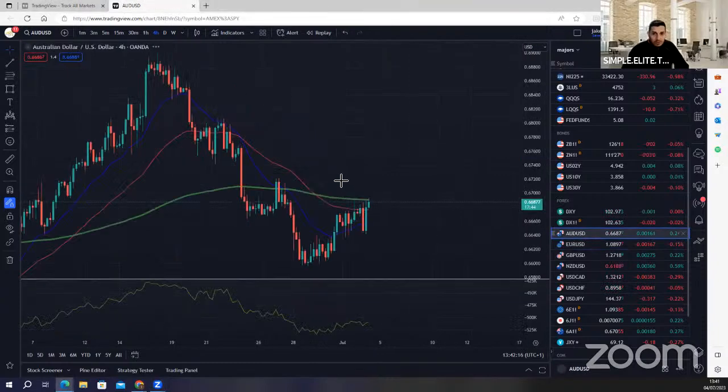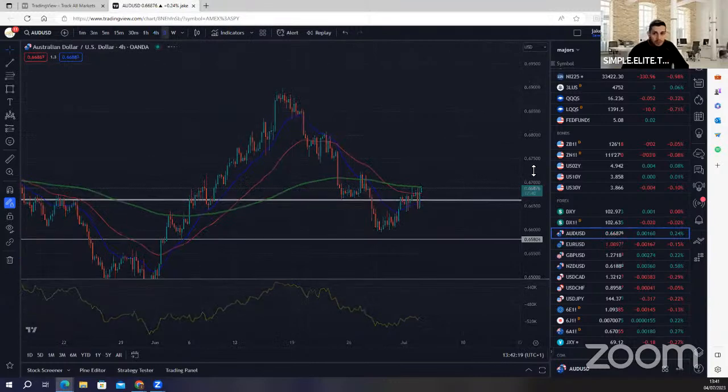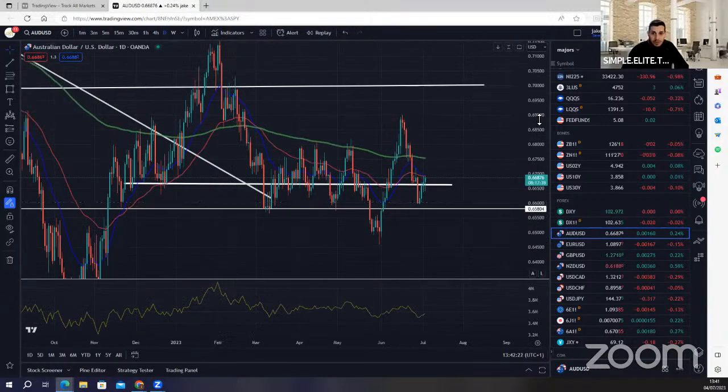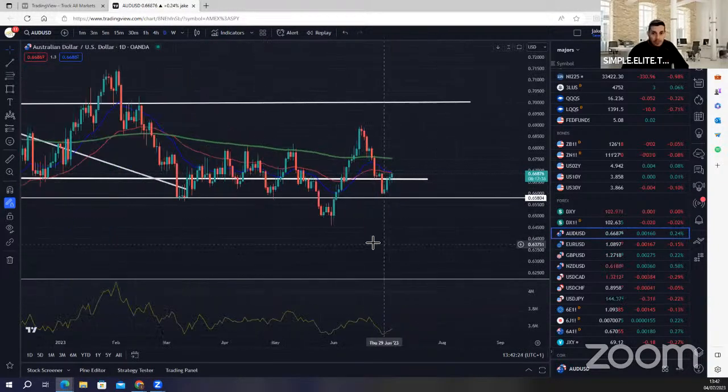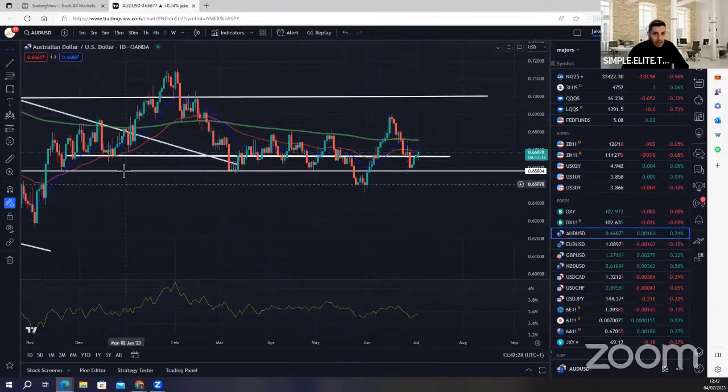Then Aussie dollar as well, yesterday Jake took a long trade. I think it's still a very good entrance because you can see last week we have a major support level here.